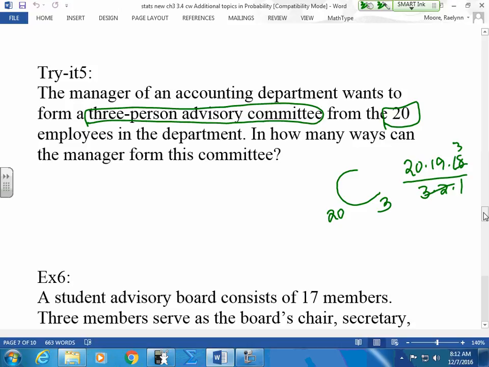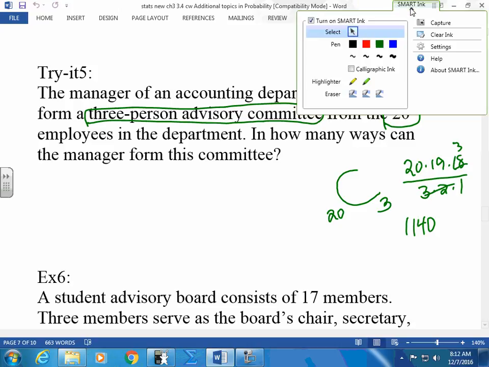And this one would be 1140. Still a lot of committees, isn't it? So that manager has to think really hard from his 20 employees how he's going to come up with a 3-person advisory committee. It's a lot of different ways to come up with. Make sense? Okay.